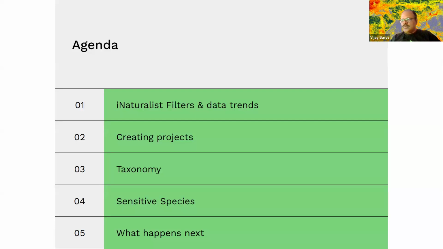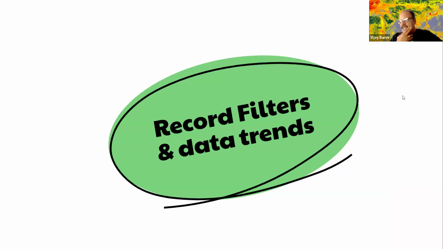How to post data about sensitive species, what you need to worry about, and then finally, what happens after you post the records, after they are curated and become research grade. What happens with that data? So this is my brief agenda today.